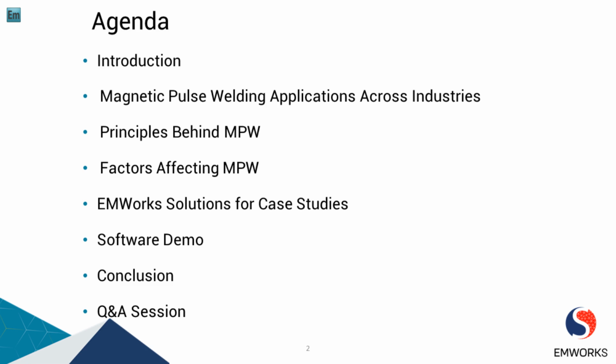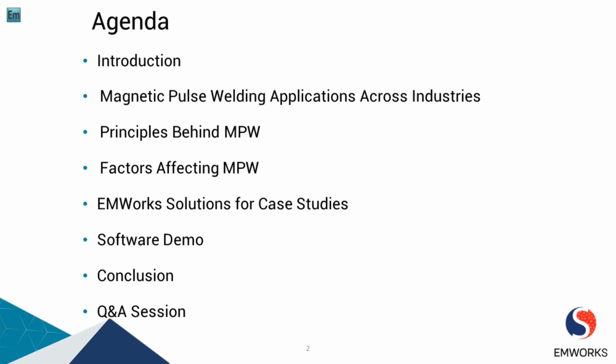Here is the agenda for today's webinar. We'll begin with an overview of magnetic pulse welding. We'll go through its different sectors where it finds crucial application. Then we will delve into the various industries where magnetic pulse welding is making a significant impact. We'll also explore the critical factors that influence magnetic pulse welding along with its fundamental principle of working, and will focus more on electromagnetic forces and their role.